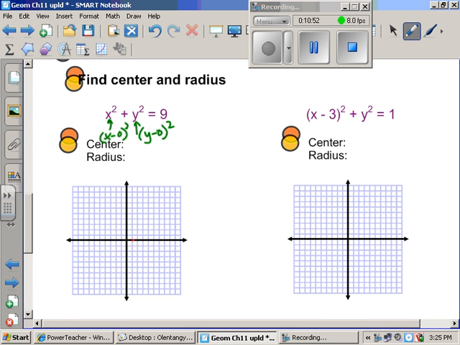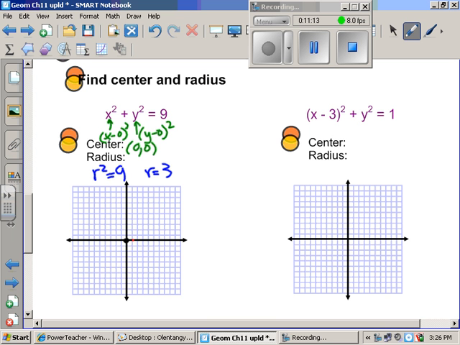So the center is at (0, 0). And the radius: r squared is 9, so I take the square root of both sides, and r is 3.